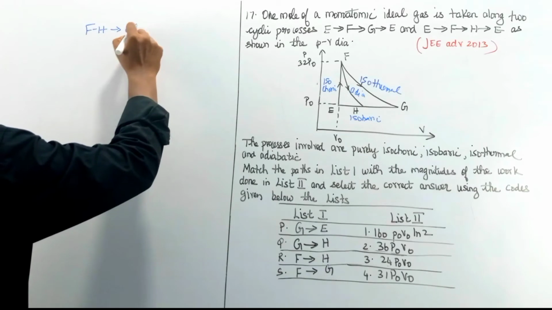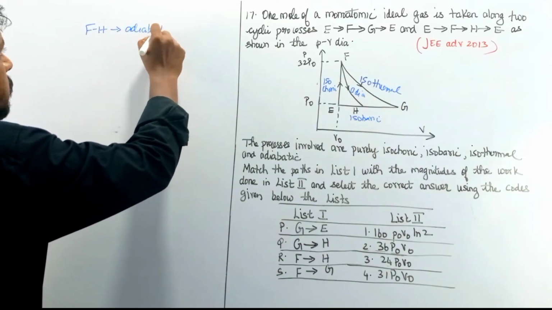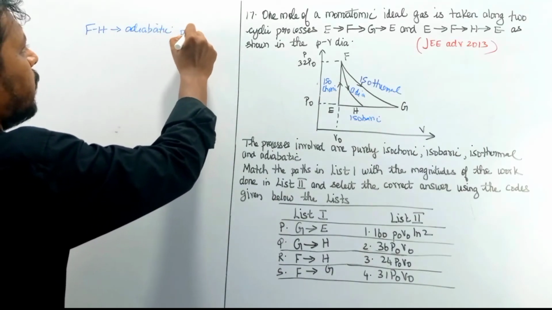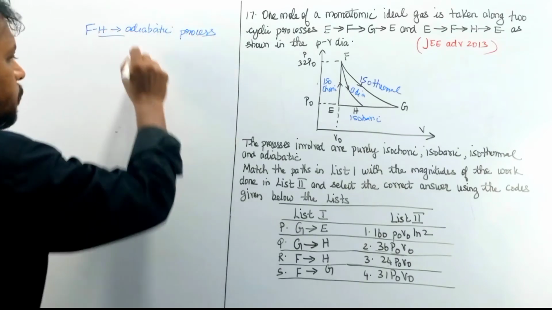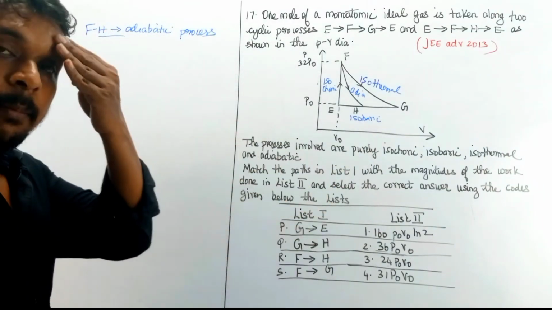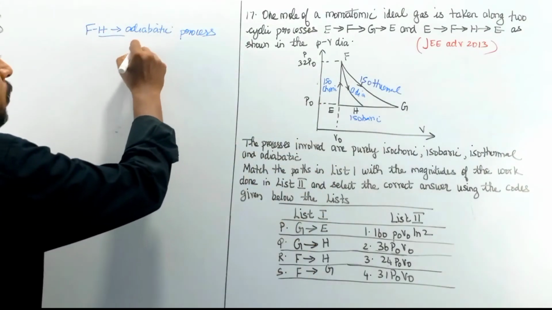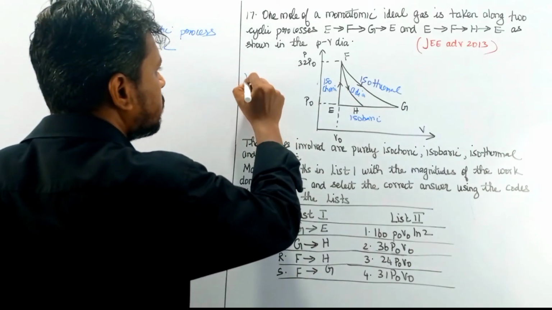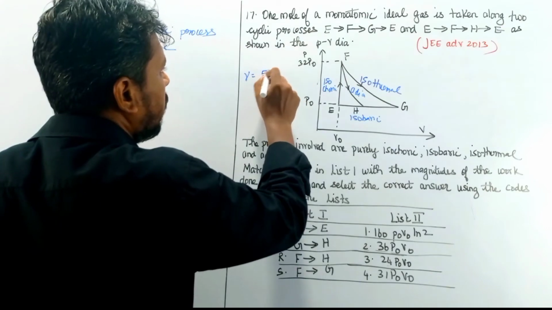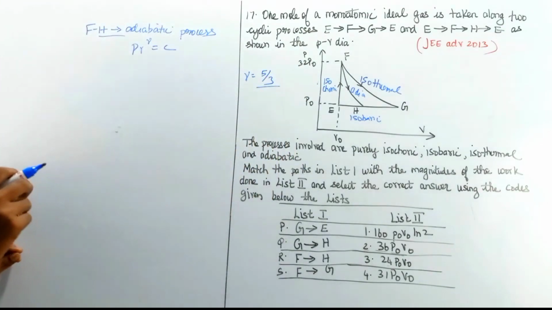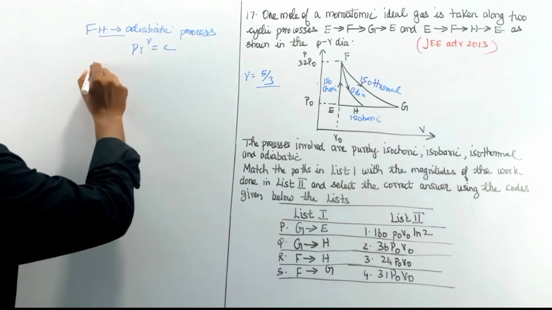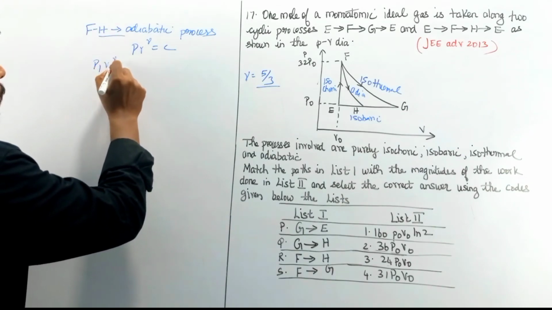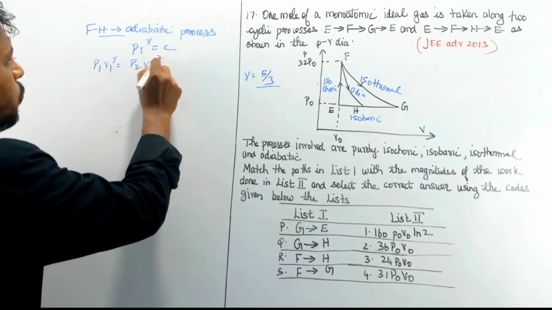FH, adiabatic process. You know that for an adiabatic process, PV to the power gamma is equal to constant. Here the gas is monoatomic, so gamma is 5 by 3. So P1 V1 to the power gamma is equal to P2 V2 to the power gamma.